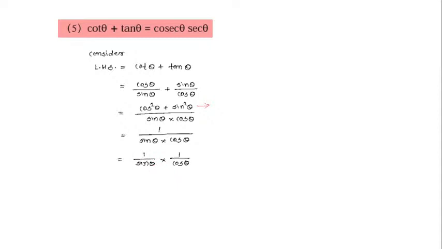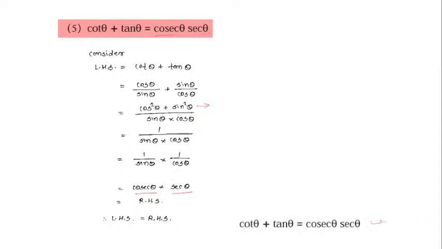The reciprocal of sin theta is cosec theta, and 1 divided by cos theta is sec theta, which is the right hand side. We started with the left hand side and got the right hand side, so cot theta plus tan theta is equal to cosec theta into sec theta. This result is also true, and we have proved that.